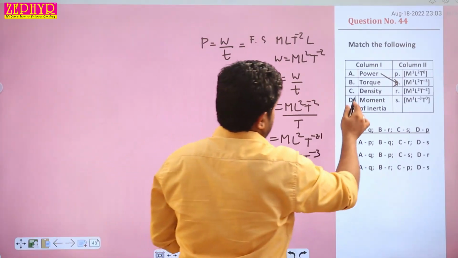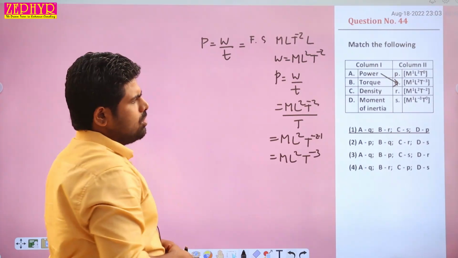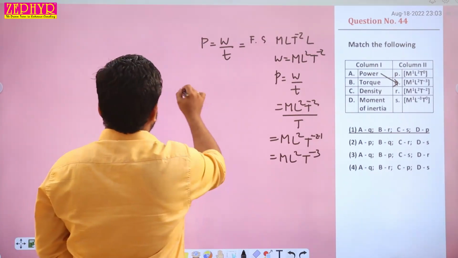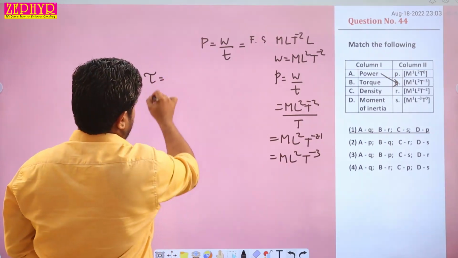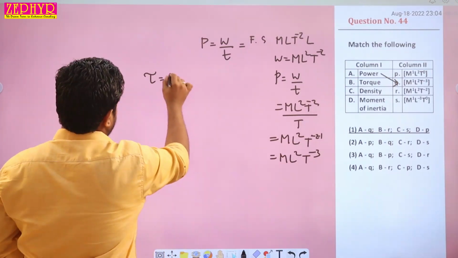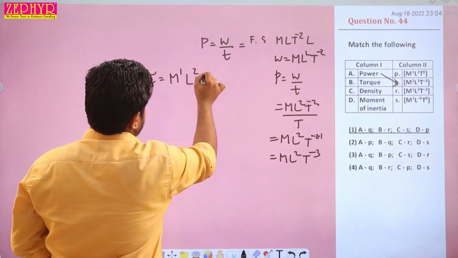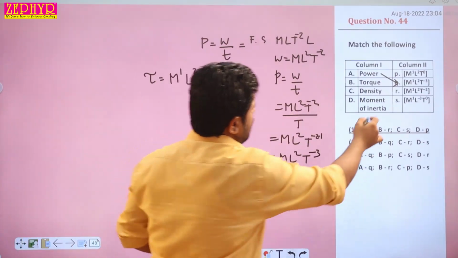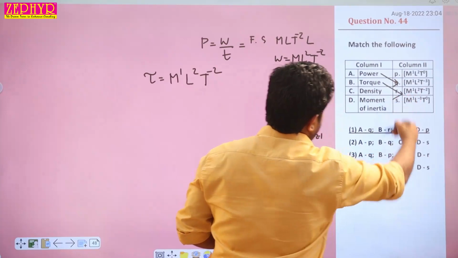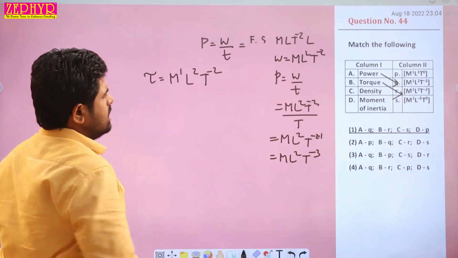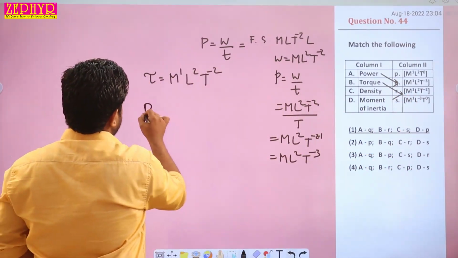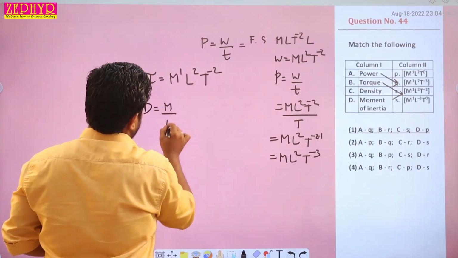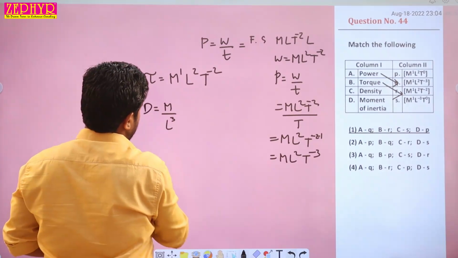Then torque means force into perpendicular distance, so the dimension of torque is equal to m raised to 1, L raised to 2, T raised to minus 2. So here torque is equal to R. Then density means D is equal to mass divided by volume, and the dimension of volume is L cube.